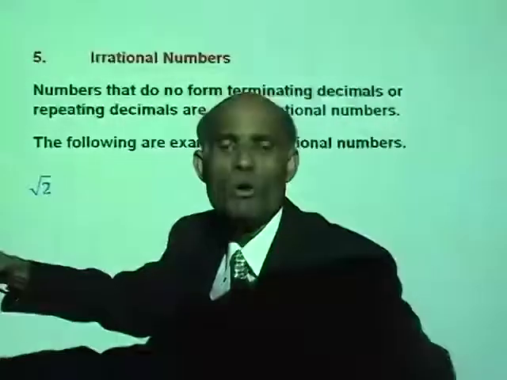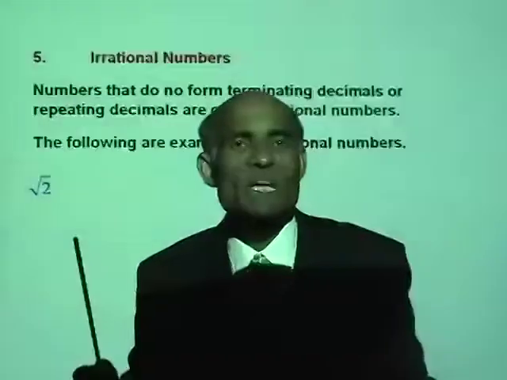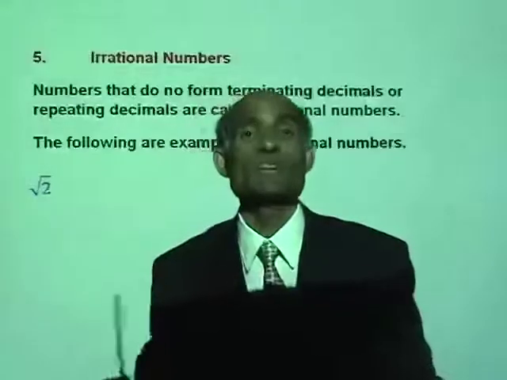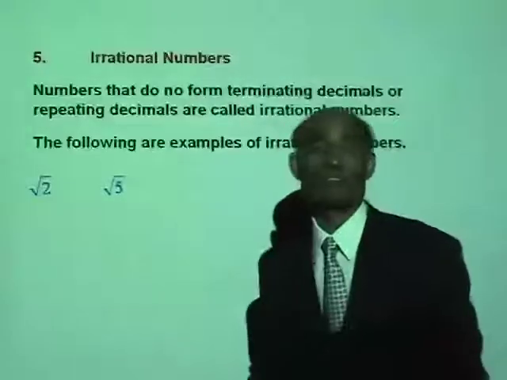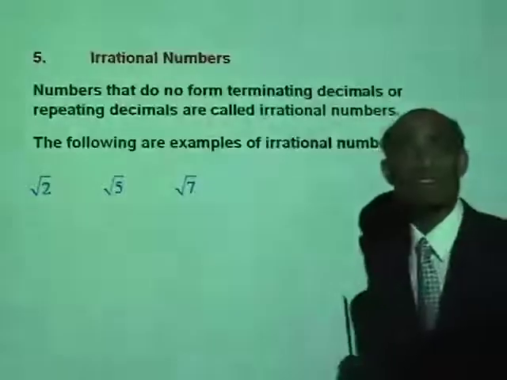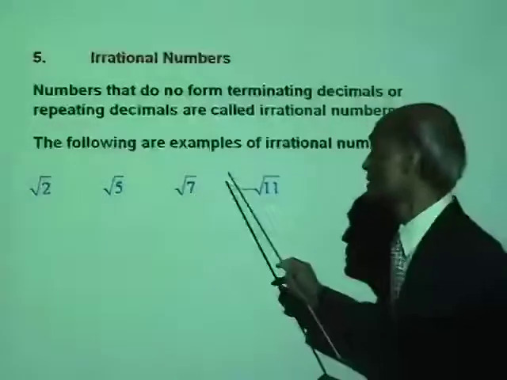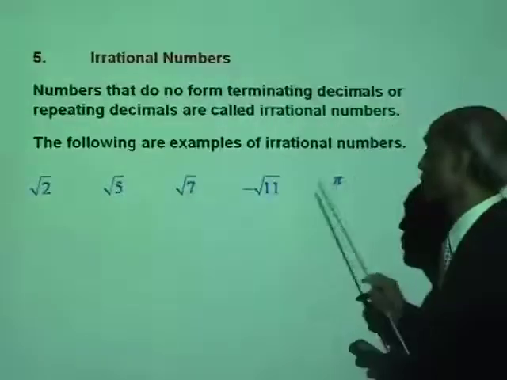There is no predictability for its value. It doesn't repeat, it doesn't terminate, it is irrational. Square root of 5 is irrational. Square root of 7 is irrational. Negative square root of 11 is irrational.